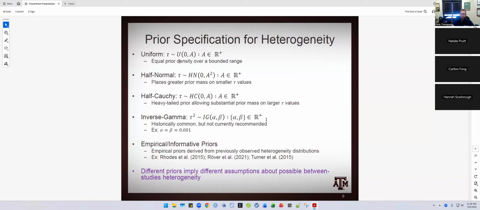But there are a number of papers and a number of people that have argued that it is essentially not a great choice for a prior for several reasons. So there is currently a push to shift away from the use of that, but I erred on the side of including it.